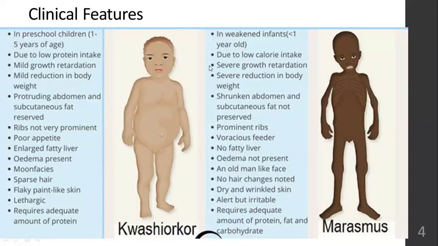Severe growth retardation is seen in marasmus. In kwashiorkor, it is a mild growth retardation. Mild reduction in body weight, not much, because the body is in a state of edema. So you will not see a drastic reduction in weight, because the retained water content also adds weight to the body.